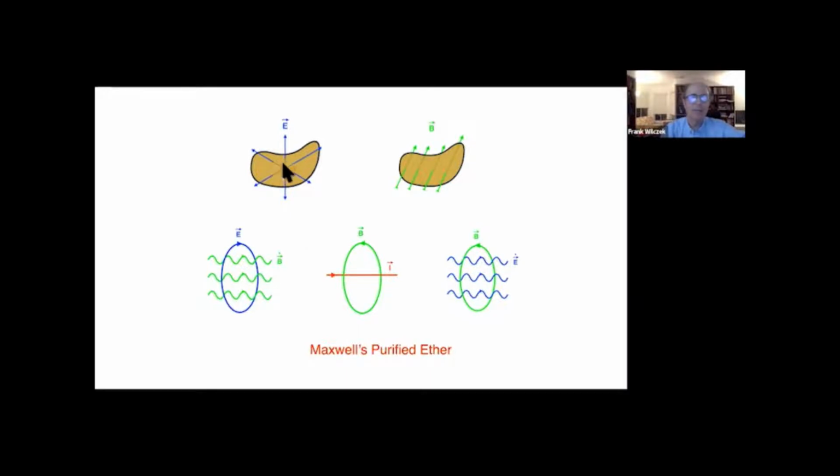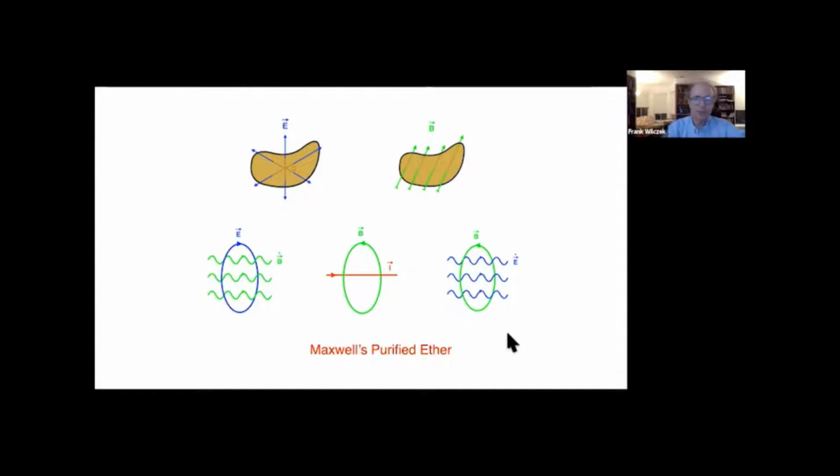The equations of Maxwell say that the electric field flowing out of a certain surface reflects the charge inside, that changing magnetic fields generate electric fields that circulate around them, and changing electric fields give circulating magnetic fields, and so forth.